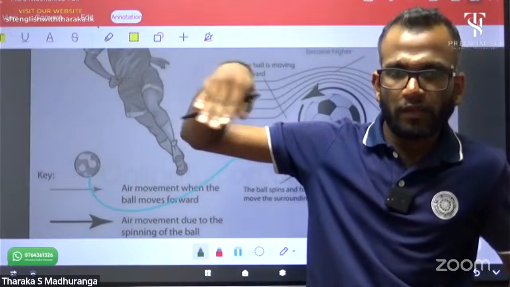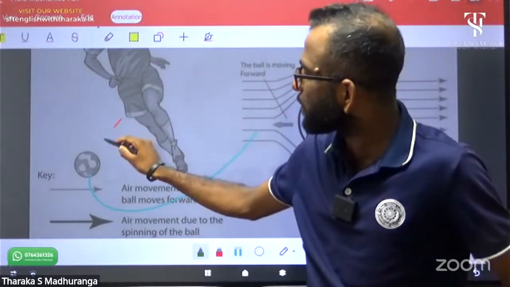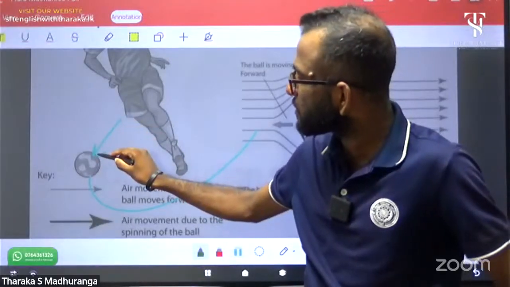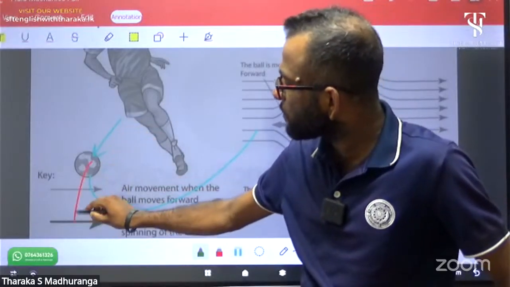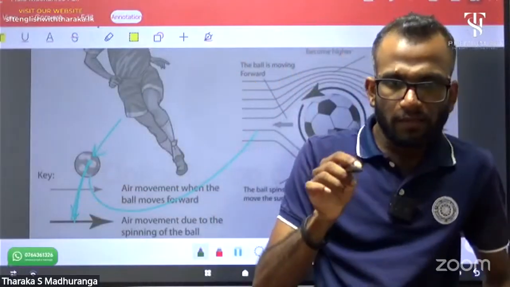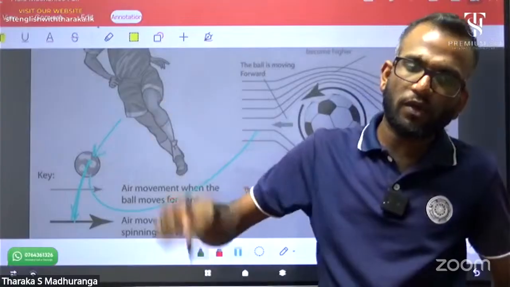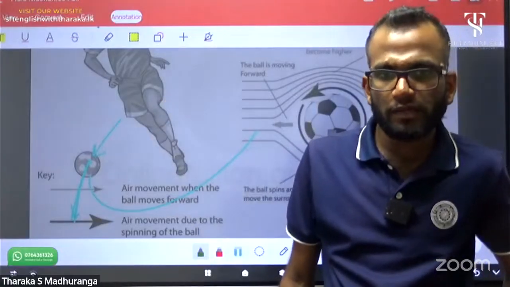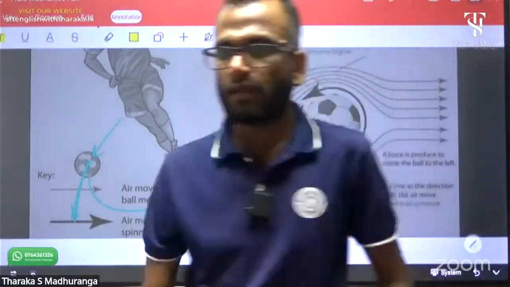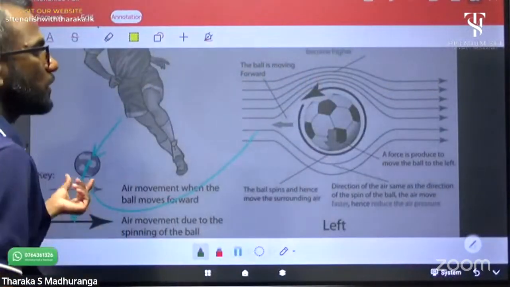When we provide force in whatever direction, it should flow in a linear, straight line, but here it is different. How is it flowing in a curved path?